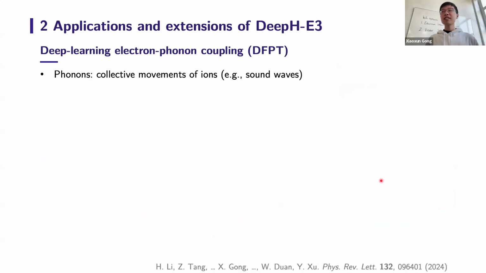Another generalization of our method is deep learning electron-phonon coupling. In density functional theory, electron-phonon coupling is usually studied with DFPT, density functional perturbation theory. So I will very briefly introduce phonons. Phonons are nothing but collective movements of ions in the crystal.